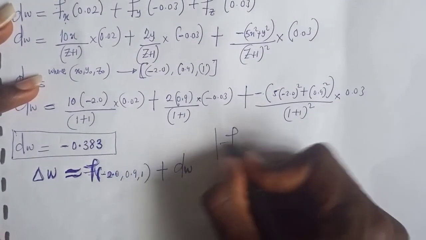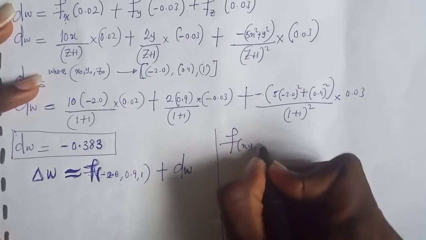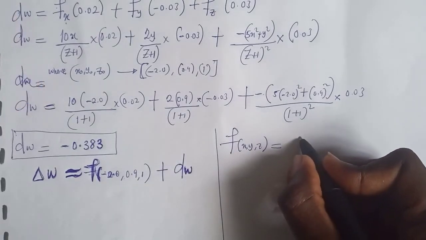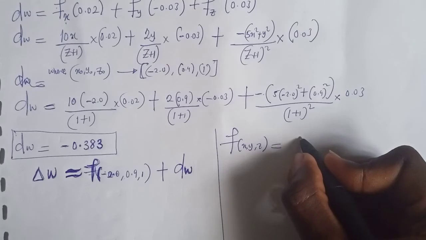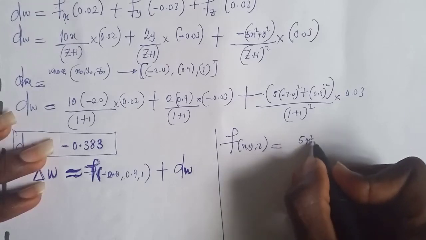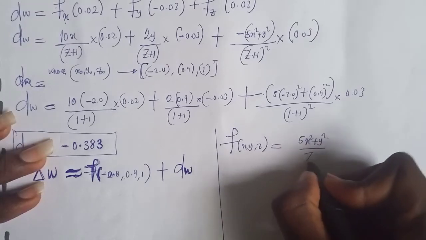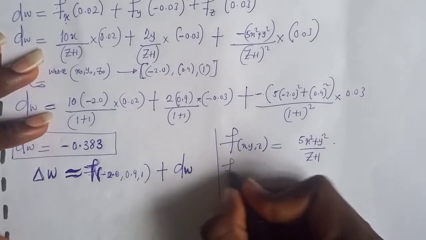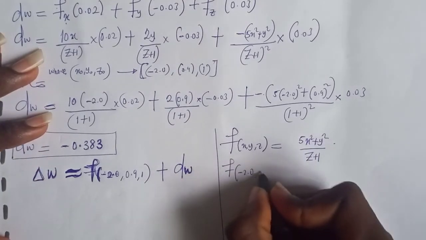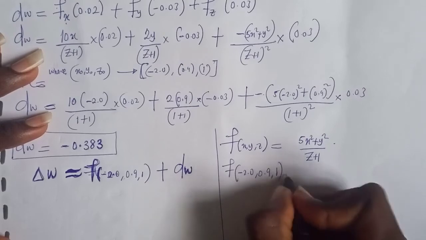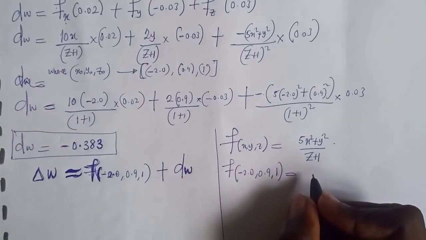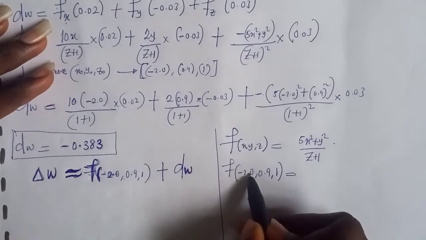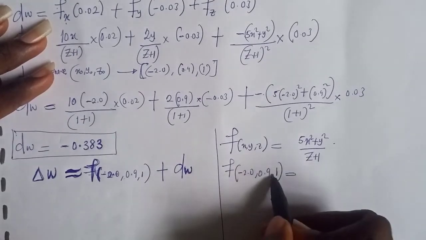That's not an issue. We call that f of x comma y comma z is the function given to us initially, and the function was given to us as 5x squared plus y squared over z plus 1. So f of minus 2.0 comma 0.9 comma 1 simply implies that wherever I see x, I'll put minus 2.0. Wherever I see y, I'll put 0.9.